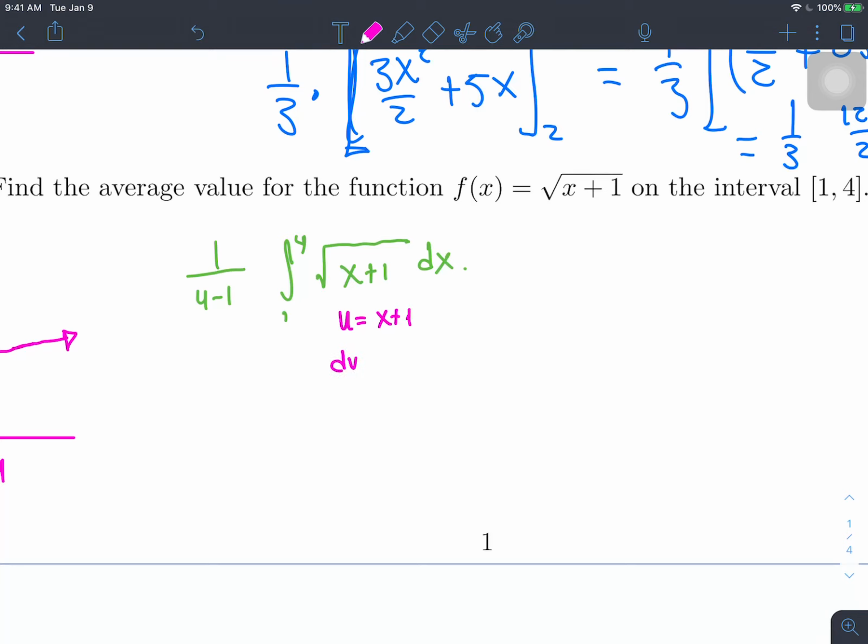Then what is du going to be? Yeah, 1 dx, or just dx. We'll write 1 dx, and then 1 times dx, that's just dx. Okay, so my x plus 1 here is going to get replaced by u.